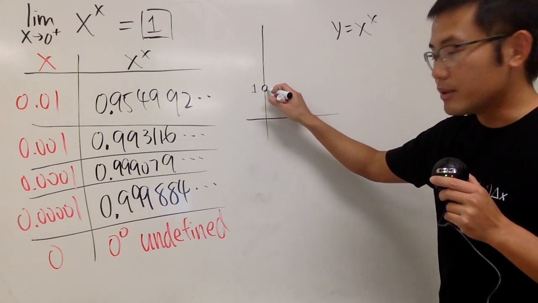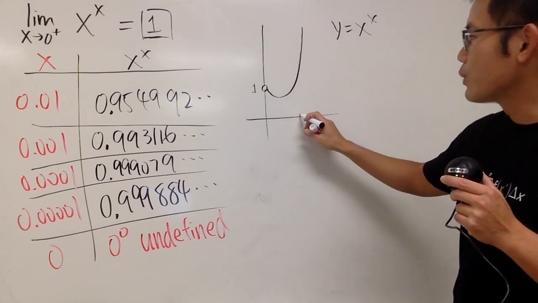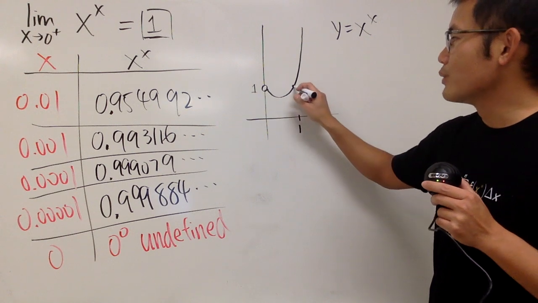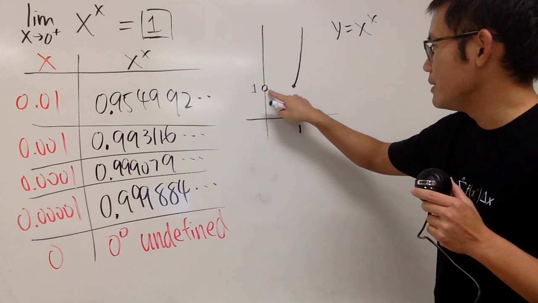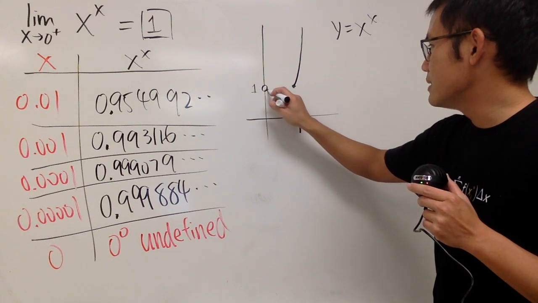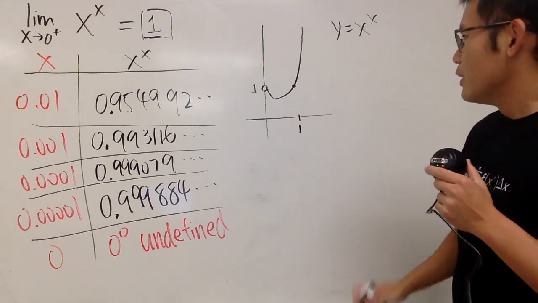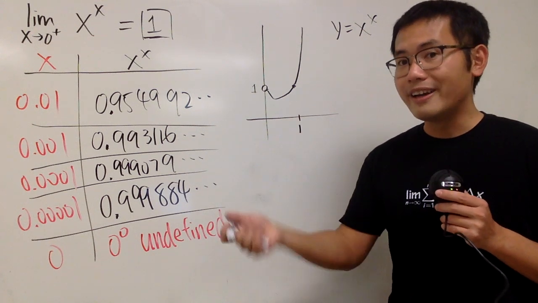It actually goes down a little bit, and then it goes up, right? And of course, when x is exactly equal to 1, you have 1 to the first power, so you have 1. So it's like this. And it's not meant to be like a nice parabola. Let me just make it slightly like this. Really crazy stuff, and we'll investigate this function a little bit more later on.